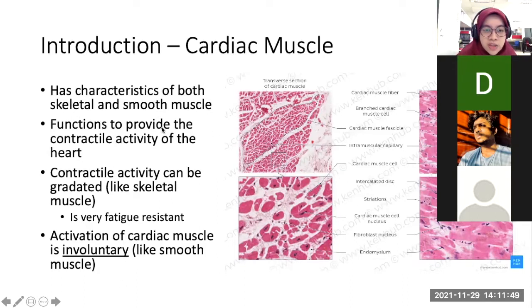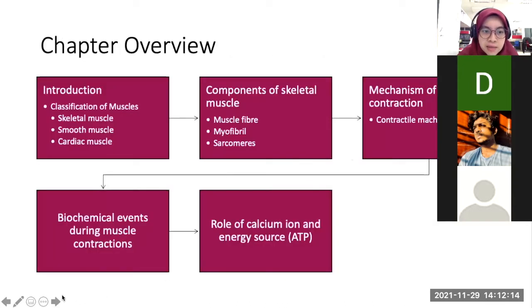Okay, so it functions to provide the contractile activity of the heart, and the contractile activity can be gradated, but they are very fatigue resistant. Okay, and the activation of cardiac muscle is involuntary. Meaning that we don't have to instruct our hearts to start beating, right? So that's why it's involuntary. Okay, so that's generally about the classification of muscles.